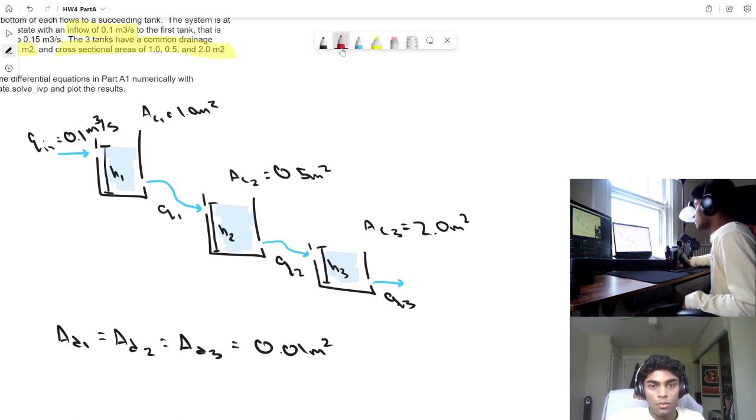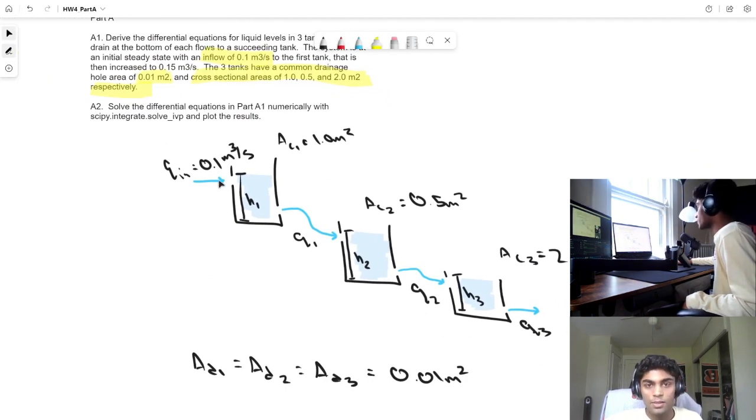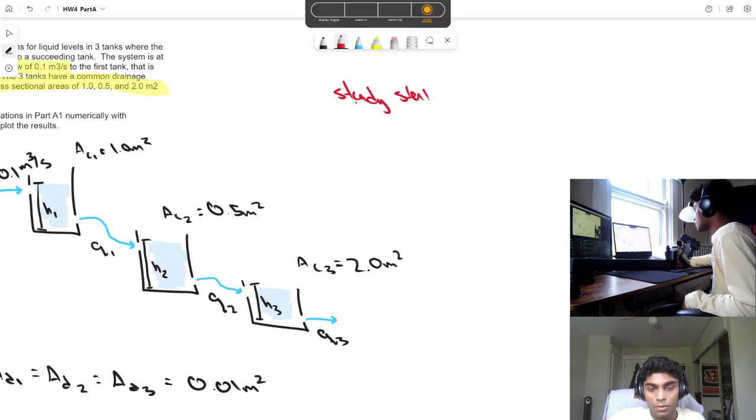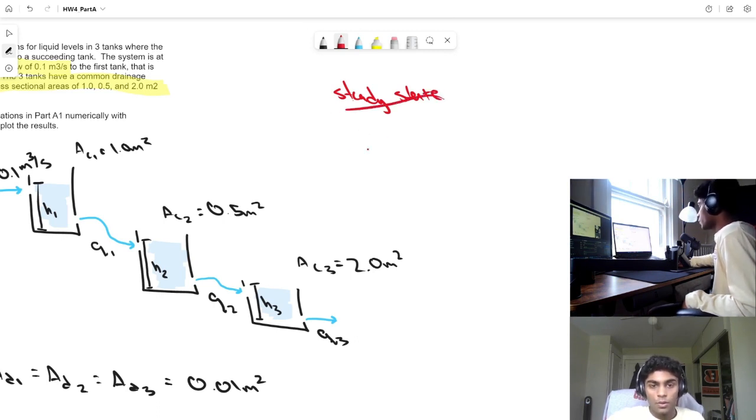So we know that this three tank system is going to be at a steady state, as it says right there. And with the steady state, we know that our change in height with respect to time is equal to 0.